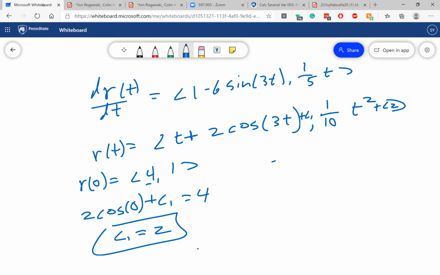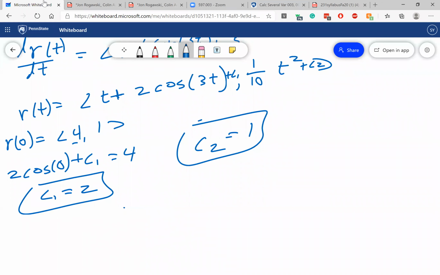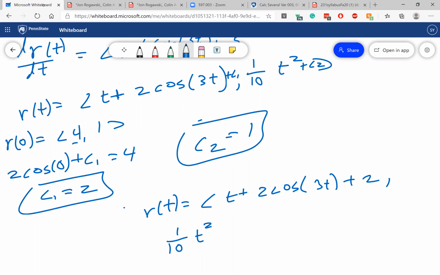Now for C2, we again plug in 0. This is 0, so that tells us that C2 is equal to 1. Now let's rewrite what r of t is. r of t is going to be equal to t plus 2 cosine of 3t plus 2, and then 1 over 10 t squared plus 1.